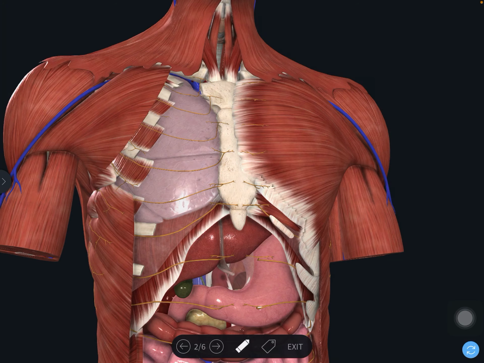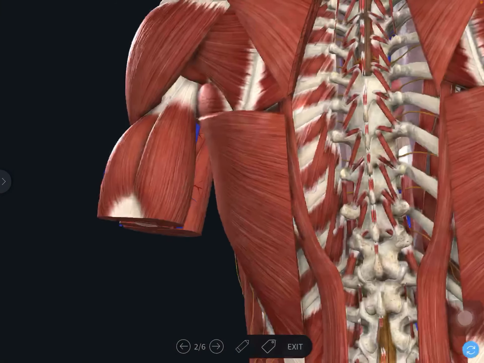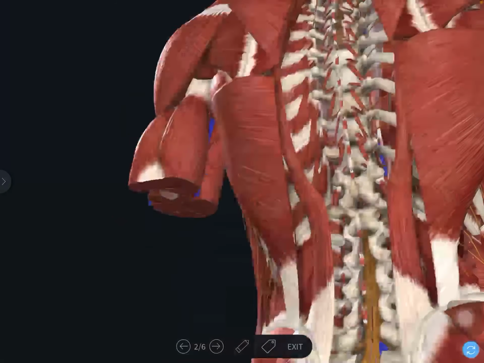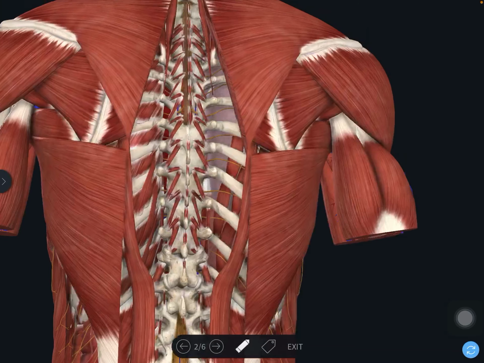Behind, this is the typical intercostal space behind. What are the boundaries of the intercostal spaces behind?